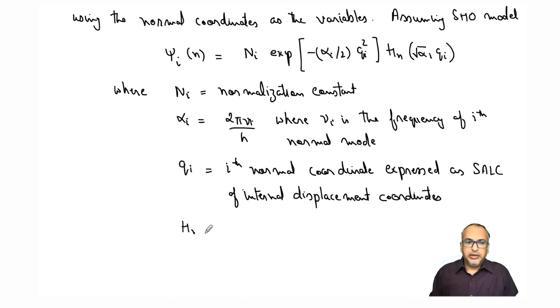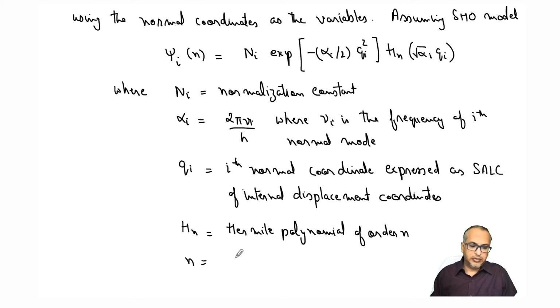Now Hn is the Hermite polynomial of order n. We will see what that is. N is a vibrational quantum number. So if you are talking about the ground state, n will be 0.